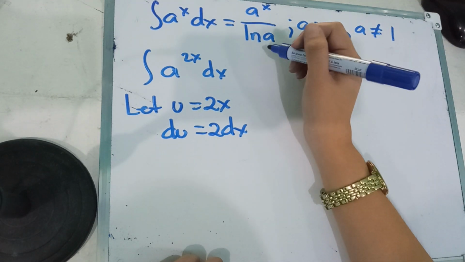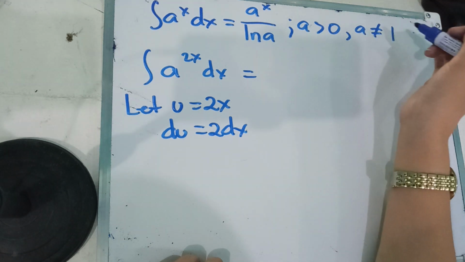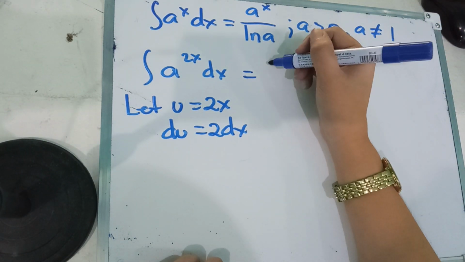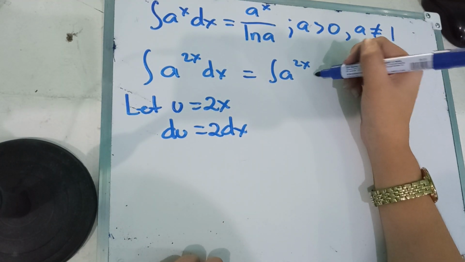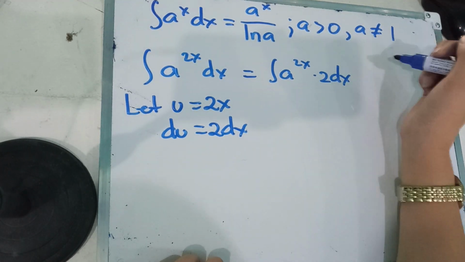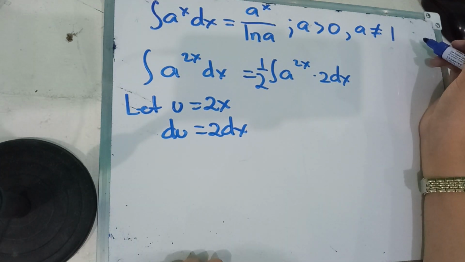Now going back to the original function, we can rewrite that as the integral of a to the power of 2x times 2 dx, but we need to put 1/2 outside of our integral symbol.